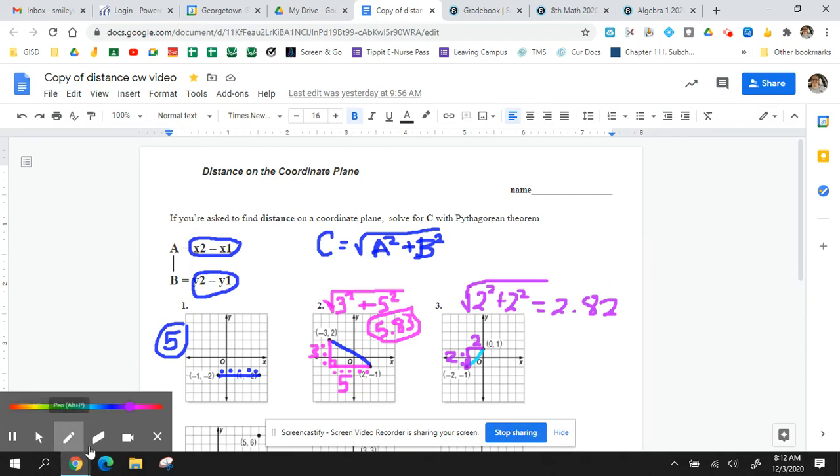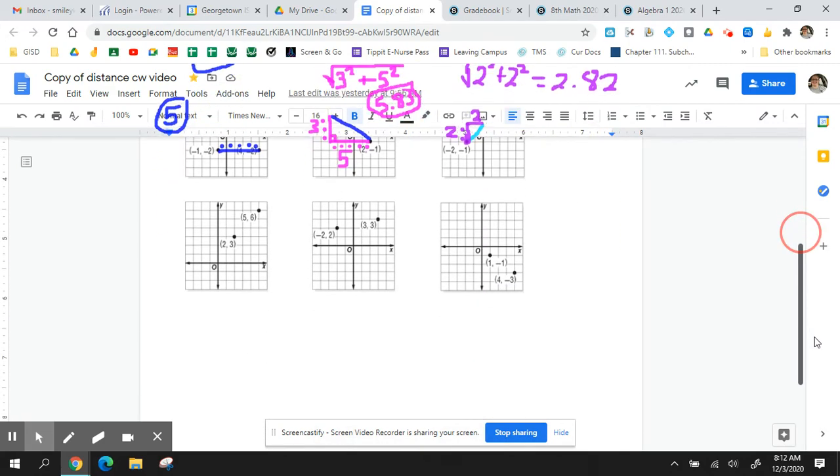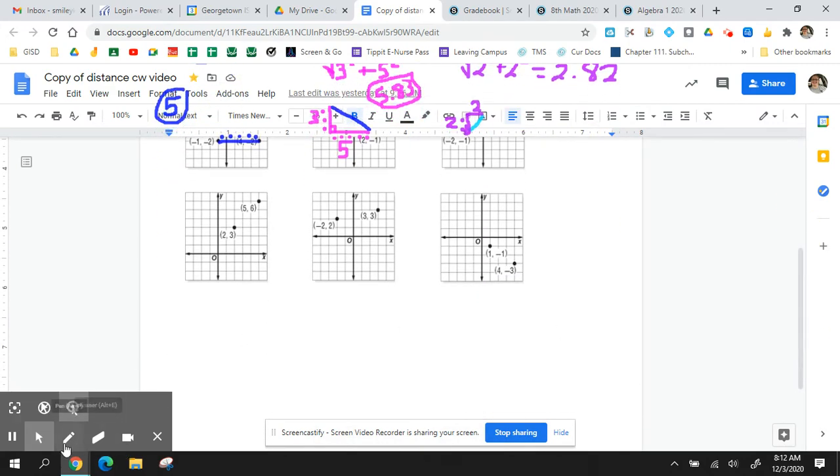Let's try some more. Let me scroll down. We're going to connect these 2 points together. And yes, I know my line isn't drawn very well, but it does make a triangle. Count those boxes: 1, 2, 3, and 1, 2, 3.